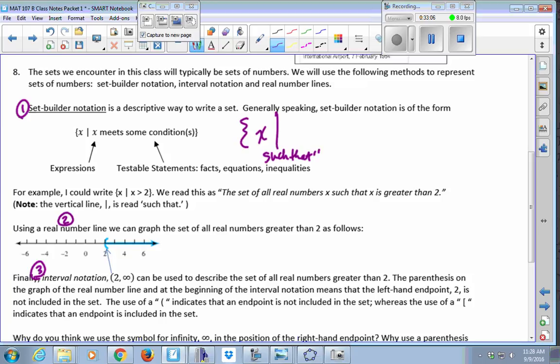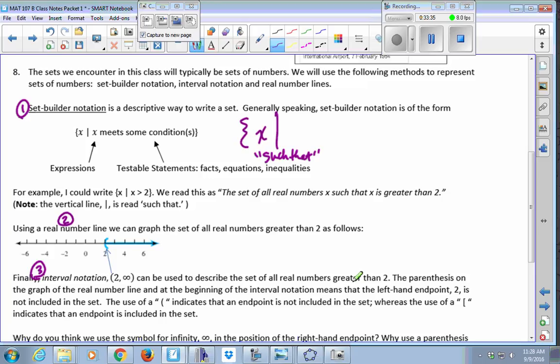You actually read that as such that. So this says the set of all real numbers such that, and then you place some kind of condition on it. It could be a set of words, it could be an inequality, it could be some statement that you can determine if it's true or false. Does the real number you're looking at meet that condition? If it does, then it belongs in that set. And if it doesn't, it doesn't belong in that set.